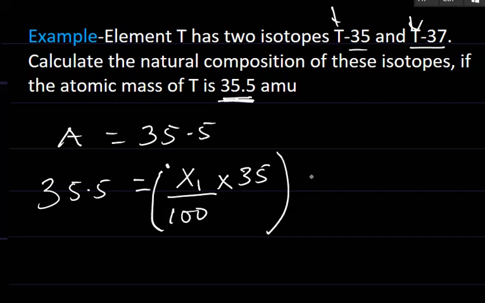Then plus the percentage composition of the other. Remember, total percentage is 100%. So if one is x, that means the other is going to be 100 minus x, and of course divided by 100, then multiplied by 37.